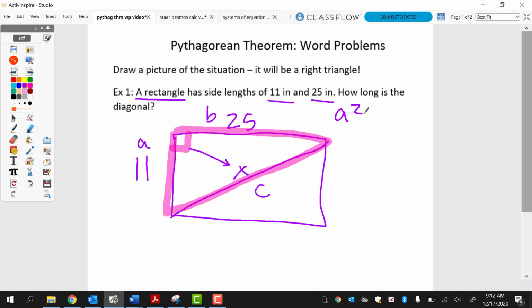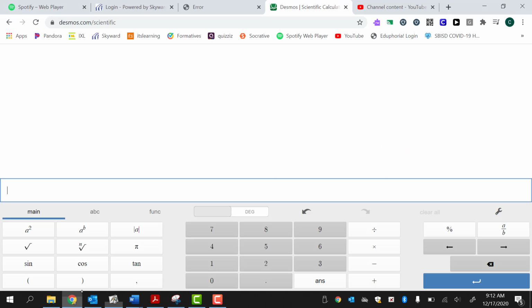So I'm doing A squared plus B squared equals C squared. So I said 11 was A, 25 is B, C squared we said, that's what we're trying to figure out, so X. So to solve this one, I know I'm typing this side in the calculator.